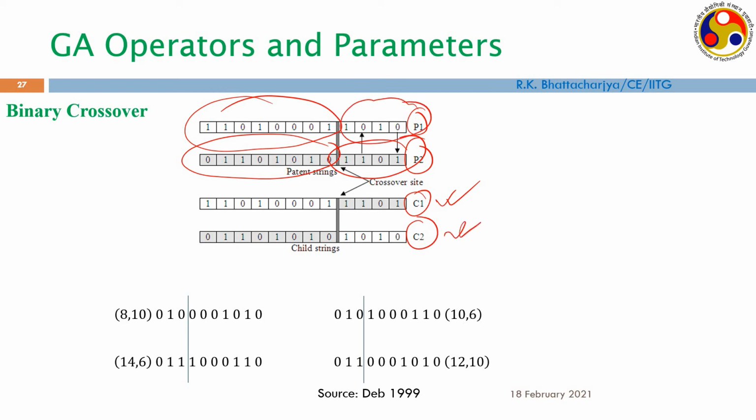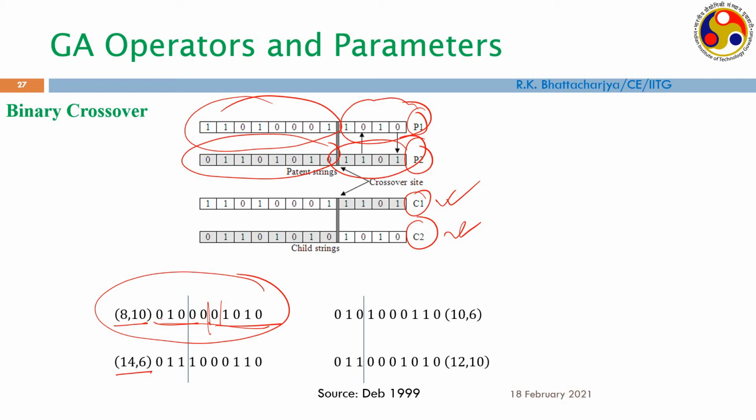Now let us take this can problem. One solution is 8 and 10, which I convert to binary bits: first 5 bits and then 5 bits. The first 5 is variable 1 and the next is variable 2. Similarly the second one is 14 and 6.